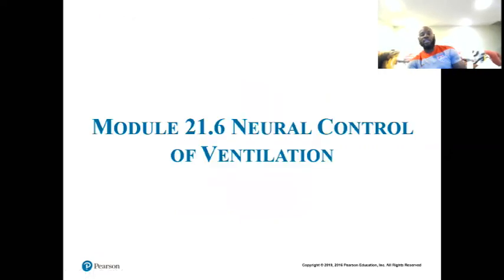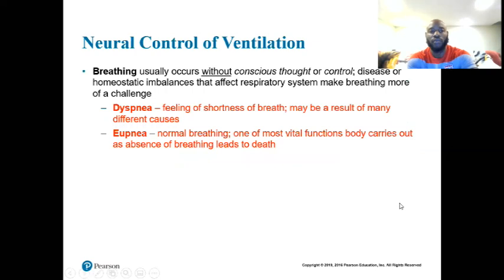All right, and then the last section we have is just the neural control of ventilation. Right, so breathing usually occurs without conscious thought. And what does that mean? It means that you don't have to, very simply, you don't have to think about it.